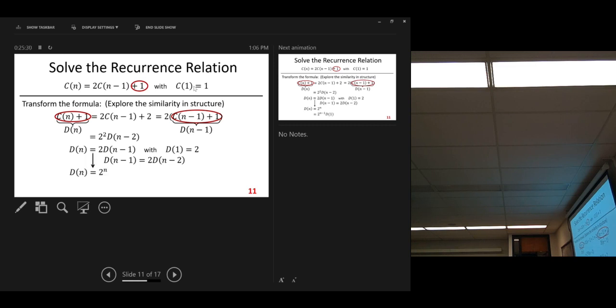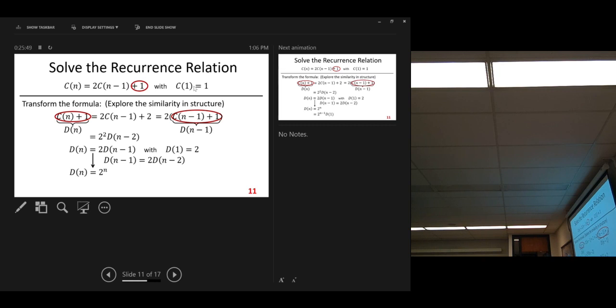Can you get d of n equals 2 to the nth? Can you see that? Yes, because you can use this formula another time, equals 2 times d of n minus 3, and so on.